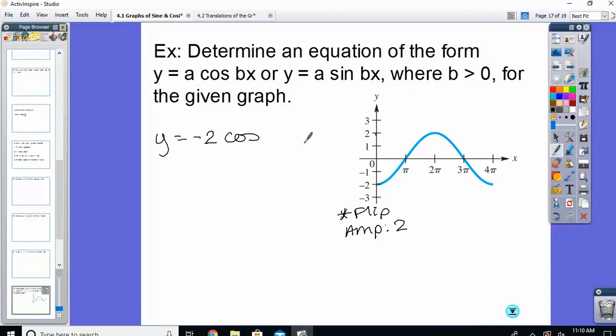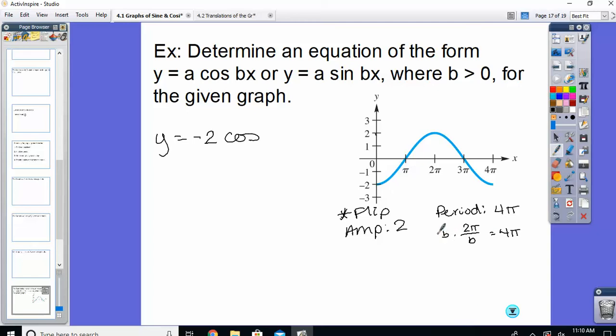Okay, what is the period of this graph? How long does it take to start repeating? 4 pi. Remember how we found period? We did 2 pi divided by the number in front of x, and it gave us the period. So that means 2 pi divided by b has to equal 4 pi.